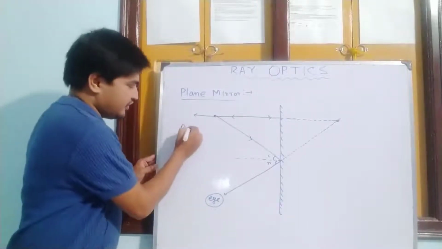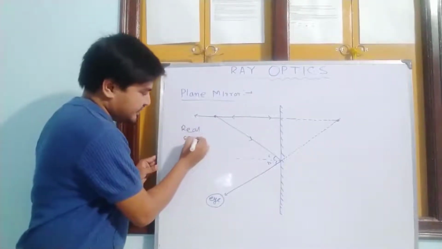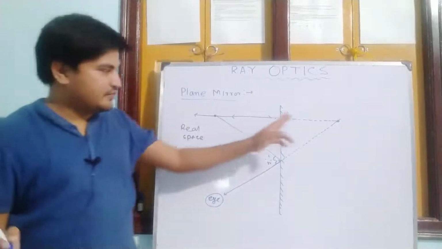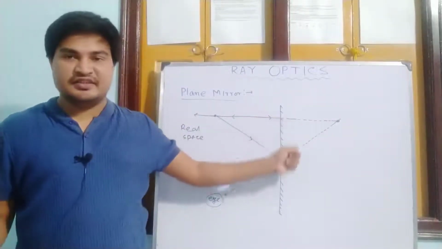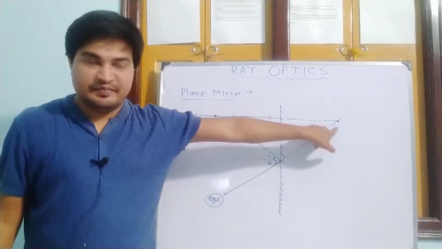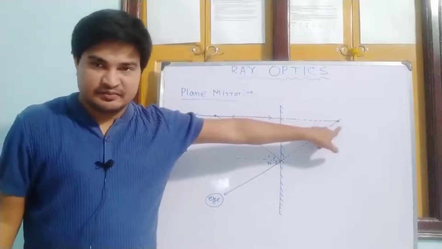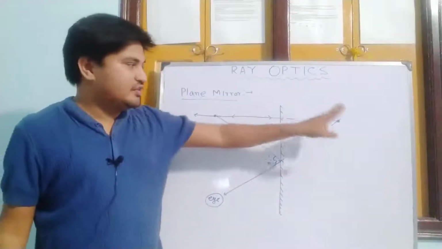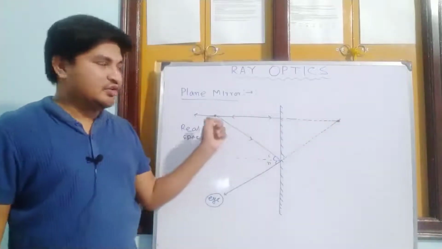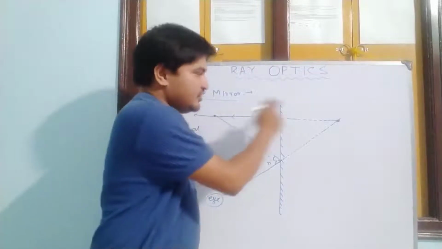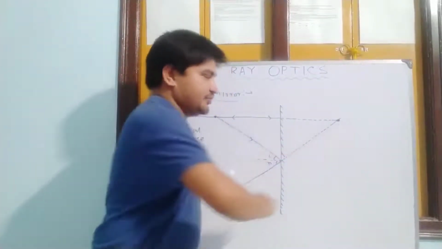This is called our real space, so no real image will be formed. But if the rays are extended in the backward direction, we can say the rays are going to meet at this point. So this is our virtual space, and then we see the image at this position of this point object. As the object is a point object, the image will be a point image.